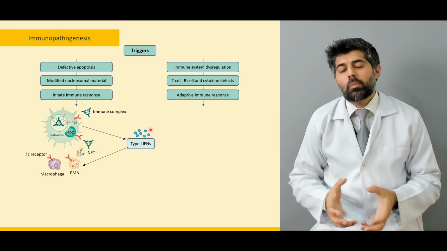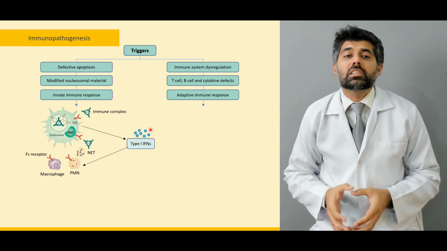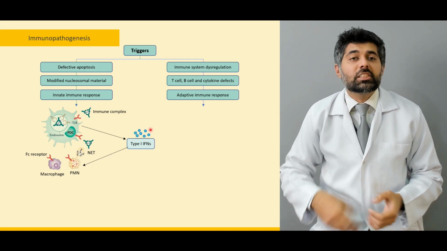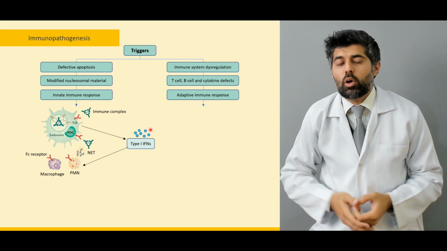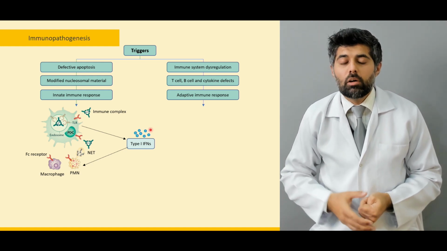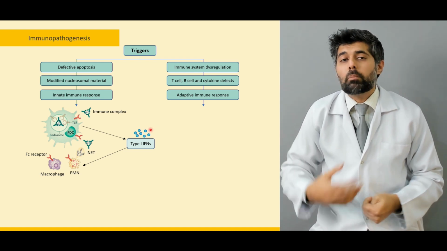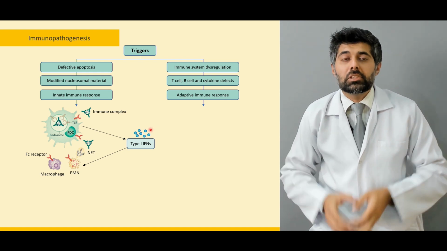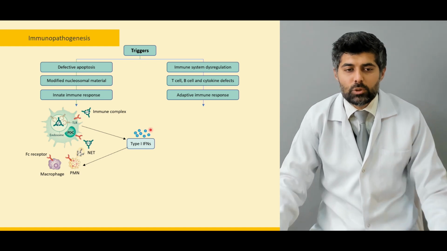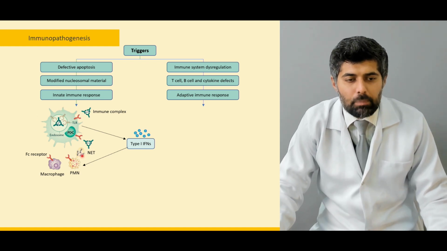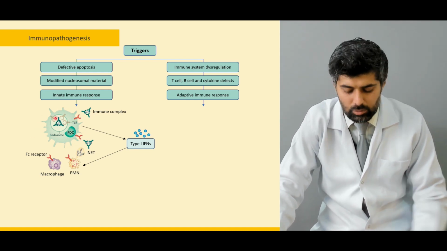Now, the formation of type 1 interferons in SLE is considered a genetic signature for the body, because the upregulation of genes which are responsible for the formation of type 1 interferons, when those genes are upregulated, this is considered a genetic signature for the SLE. So you can easily appreciate here how the innate immune response is compromised.